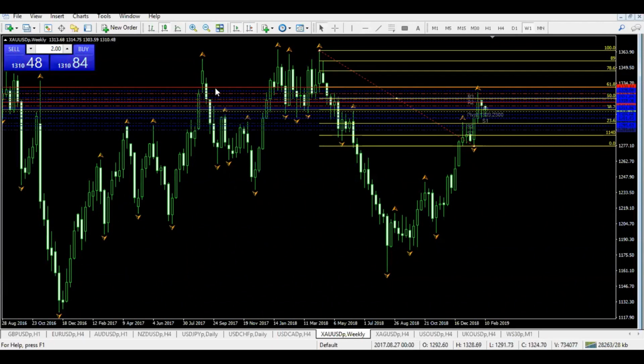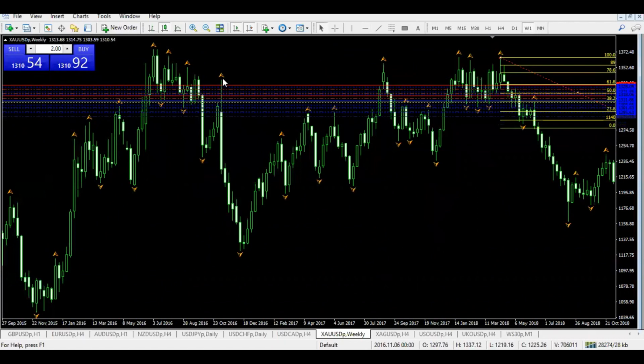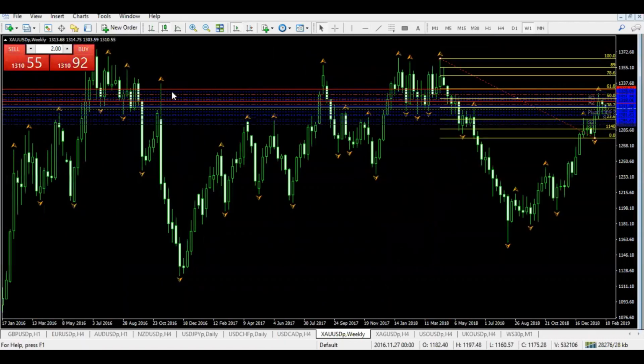Like here. It has passed my low. My 61 is here. It has passed my low. And the one that has been broken is my pivot. When you know pivots, you would know: is it a breakage or is it a rejection? Like here, you see, it has come here and came back.